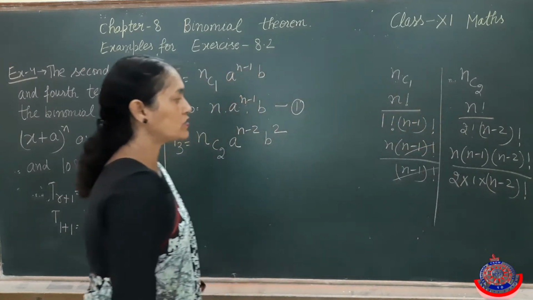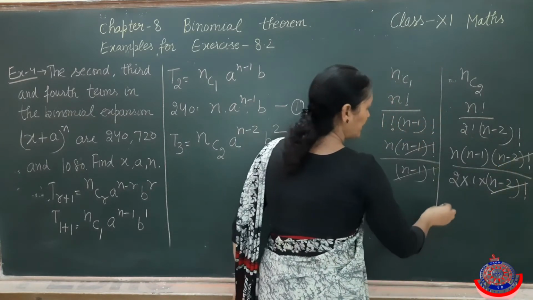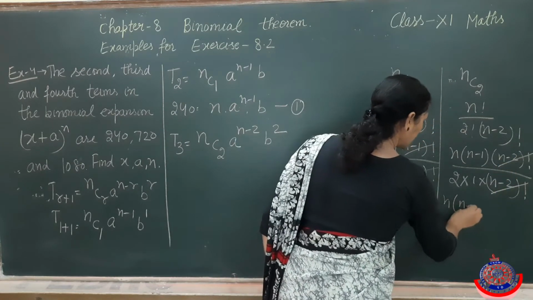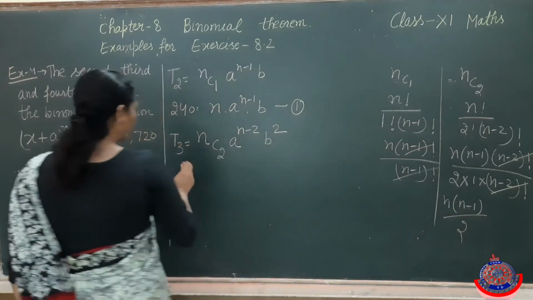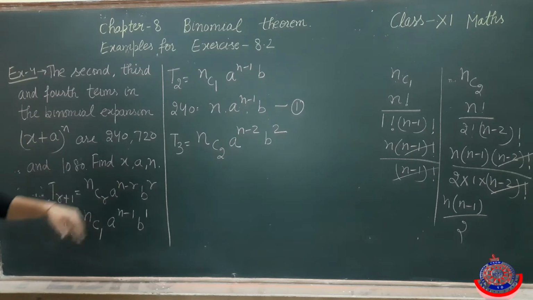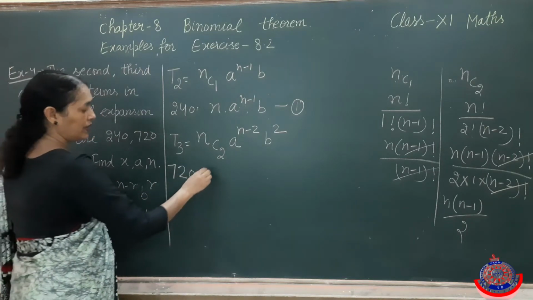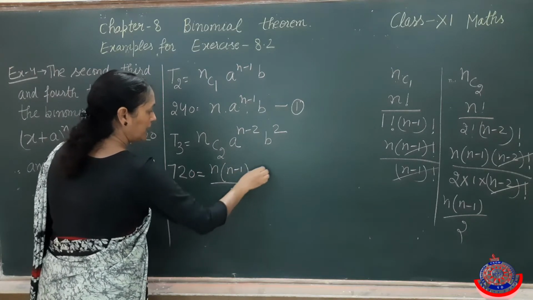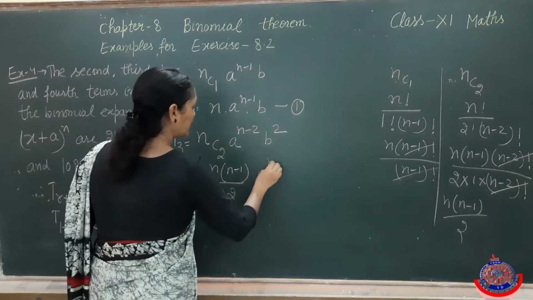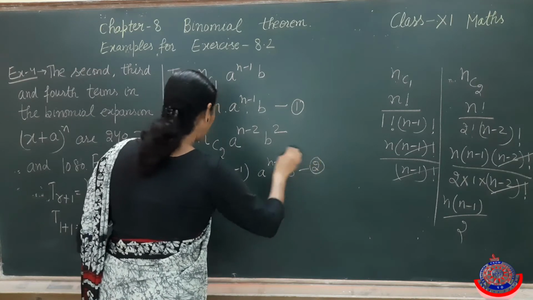Now (n minus 2) factorial will get cancelled and we will be left with n(n minus 1) upon 2. The third term they have given us to be 720. So 720 equals n(n minus 1) upon 2 a^(n-2) b^2. Let it be the second equation.